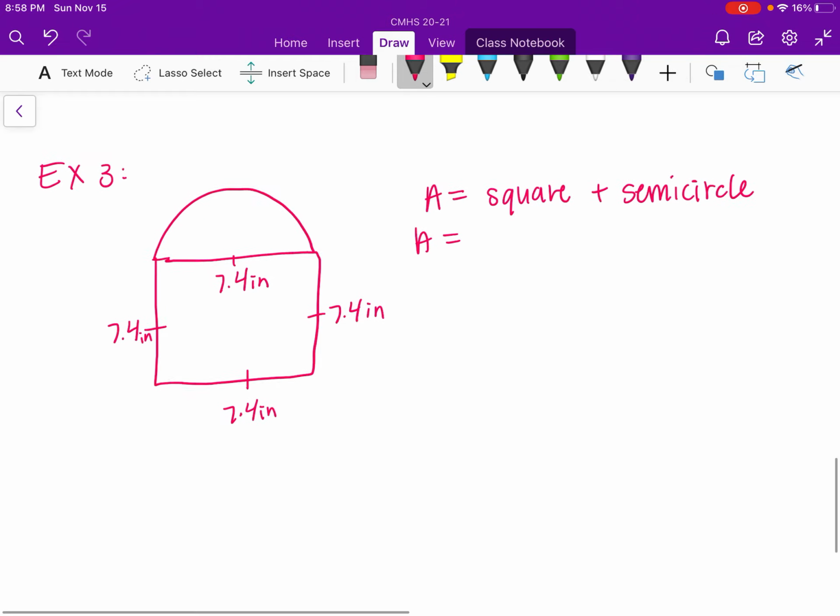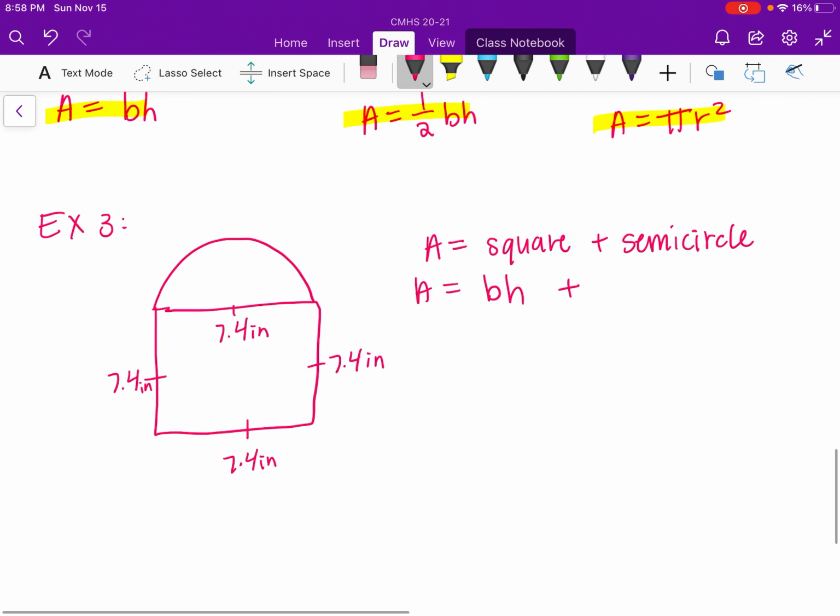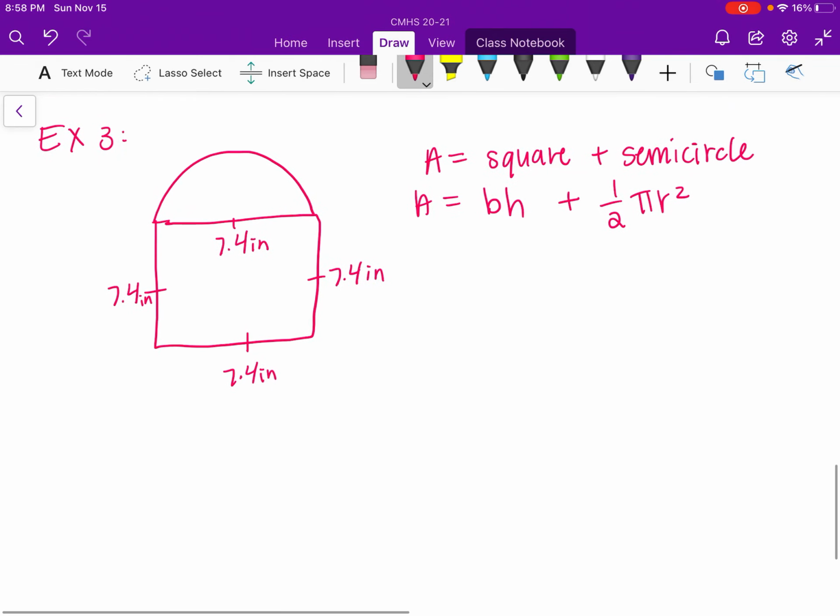So let's substitute the formulas. Area of a square is base times height, plus a full circle is pi r squared, but half of a circle would be 1/2 pi r squared. Okay, let's fill it in. Base, 7.4. Height, 7.4.